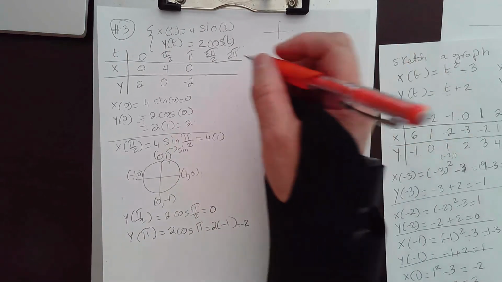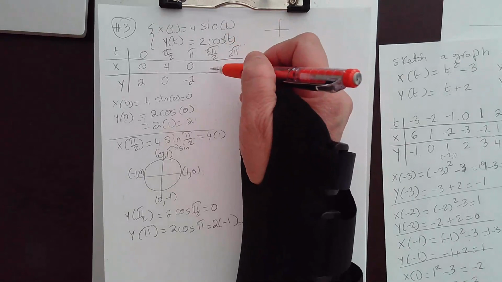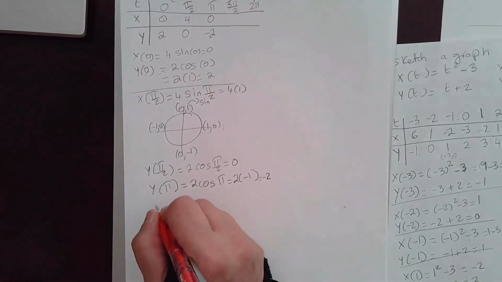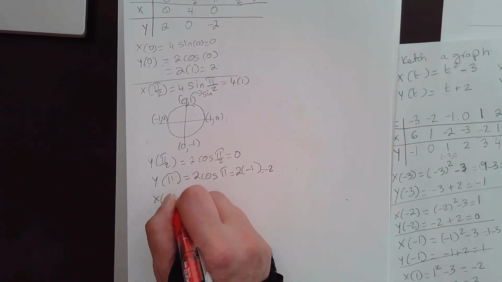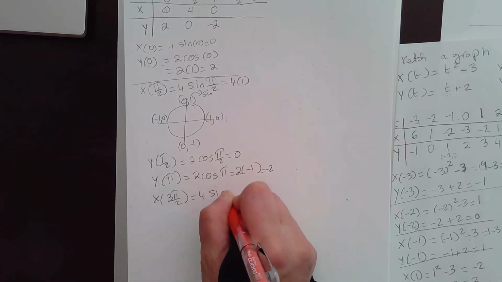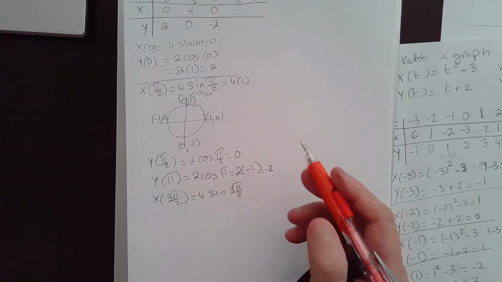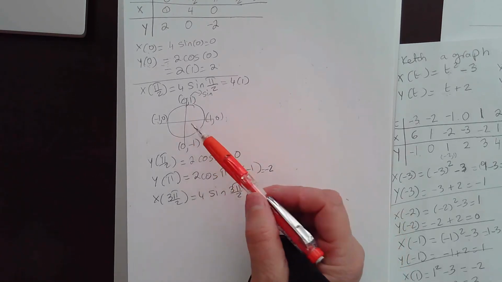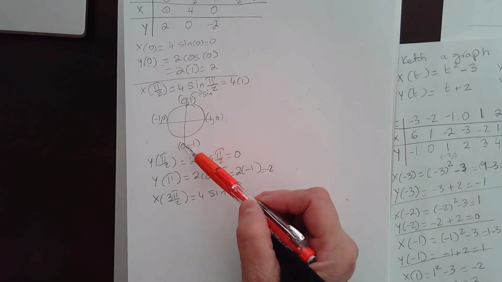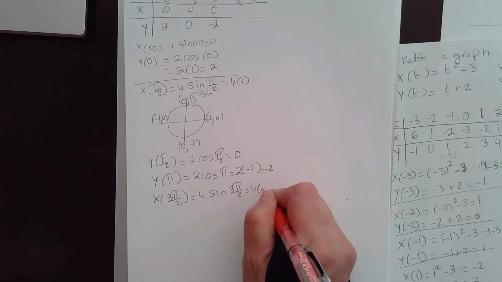Okay, 3 pi over 2. Now again, plug in 3 pi over 2. So what do we get? x of 3 pi over 2 is 4 times sine 3 pi over 2, that's 4 times -1. That's -4.